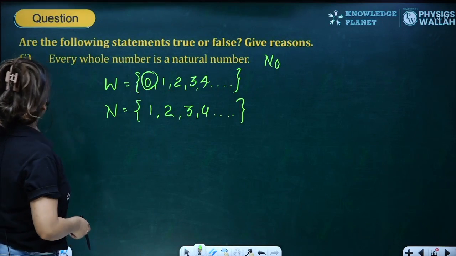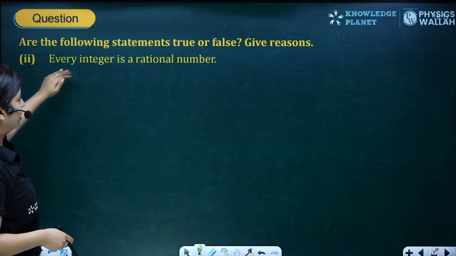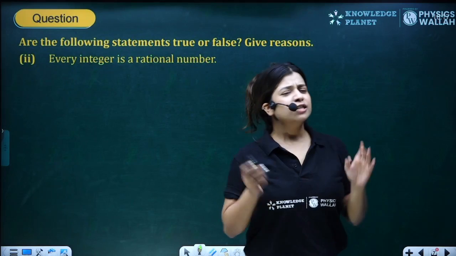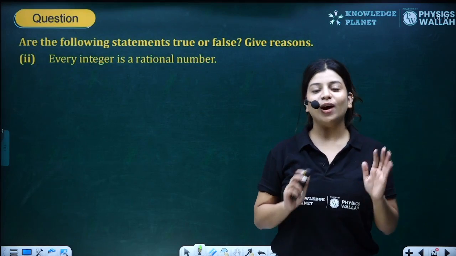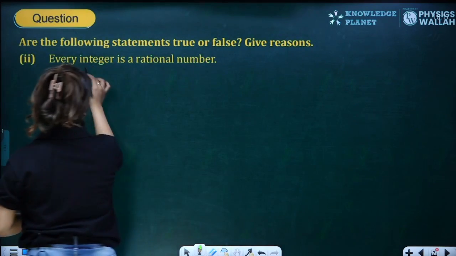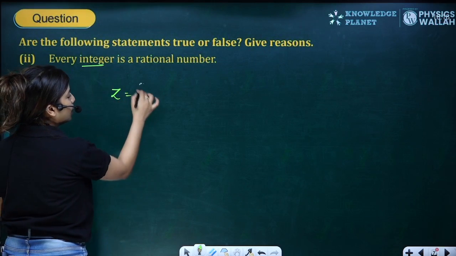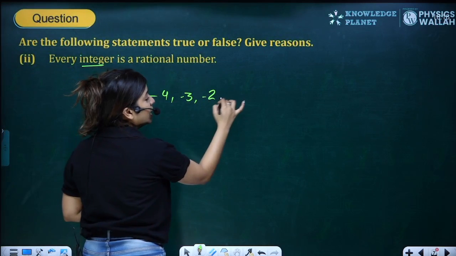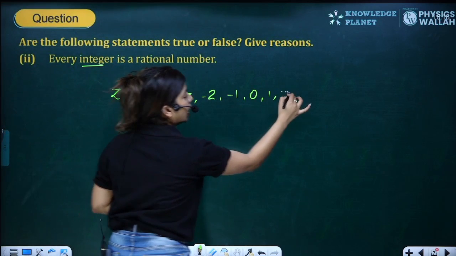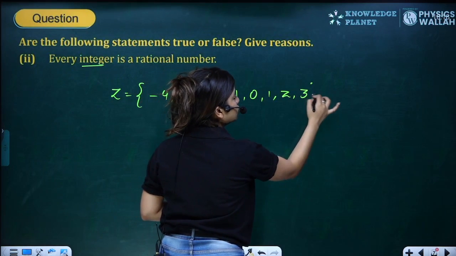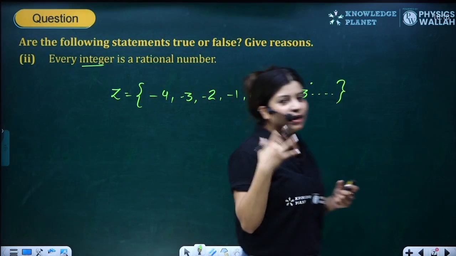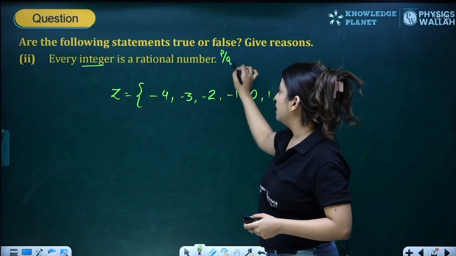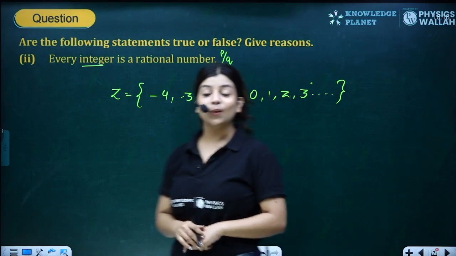Moving forward to the second statement: every integer is a rational number. Integers include negative numbers and positive numbers: negative 4, negative 3, negative 2, negative 1, 0, 1, 2, 3 and so on. Right? This is what integers include. A rational number includes all numbers of the form p by q where q is not equal to 0.